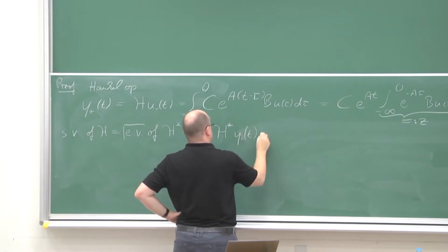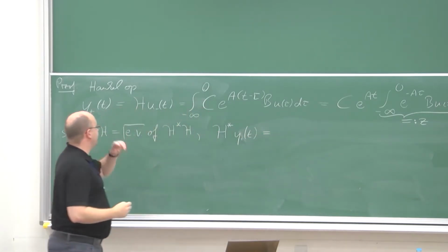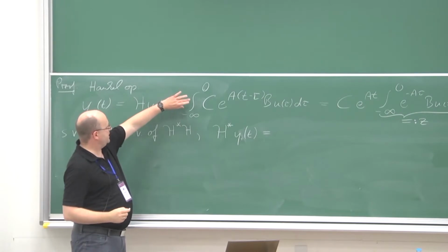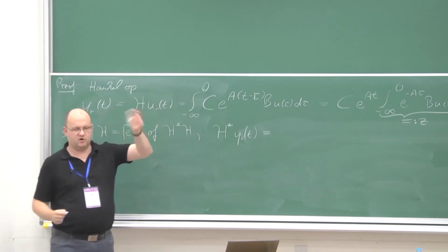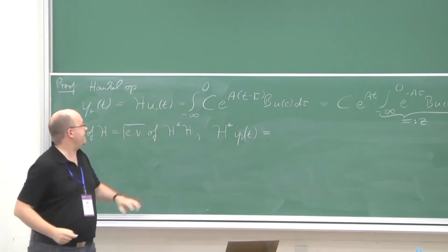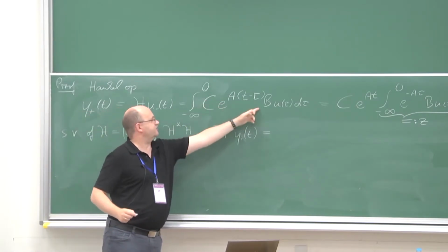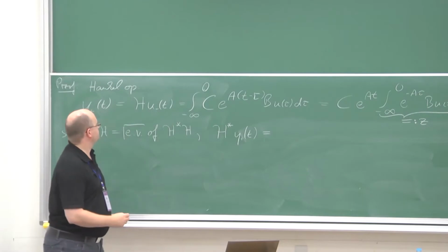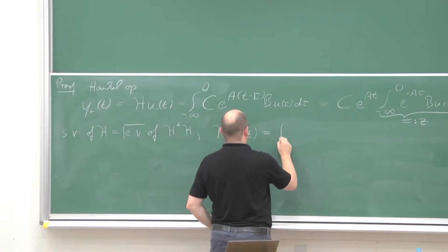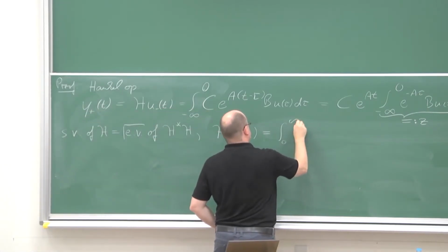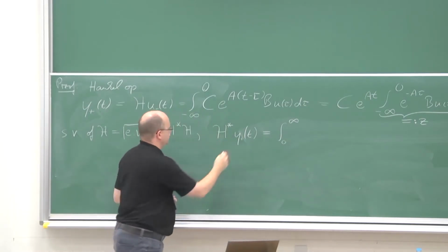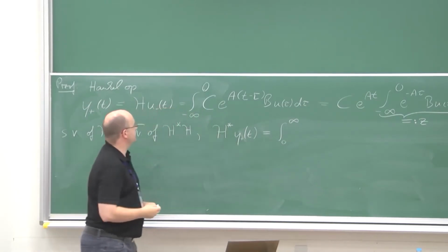So we need to know what that is. Taking the adjoint of such an operator means reversing time and taking the adjoint of the kernel of the integral. So reversing time means integral 0 to infinity, because we are working on these y plus functions.